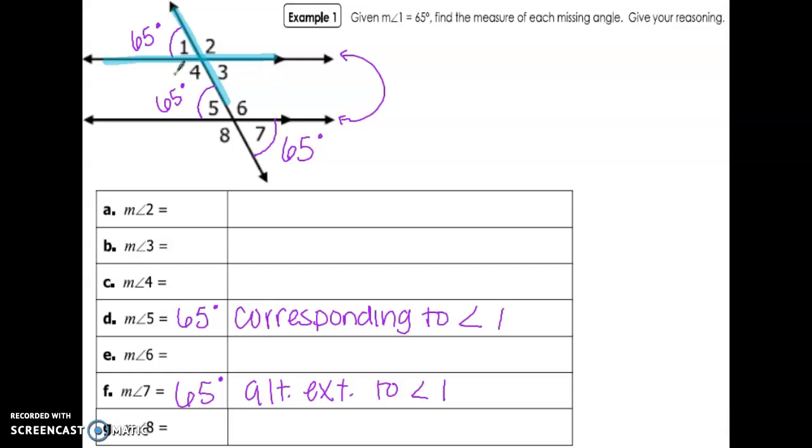So actually angle 1 and angle 3 are going to be vertical angles. Angle 3 will also measure 65 degrees. So here in B, where it says measure of angle 3, that's also 65 degrees because it's a vertical angle to angle 1.